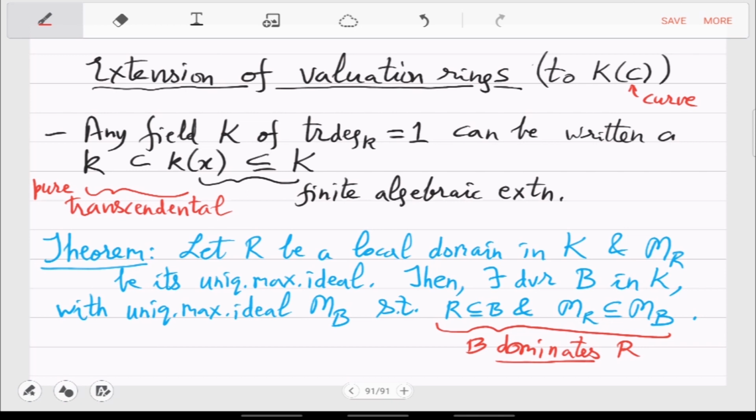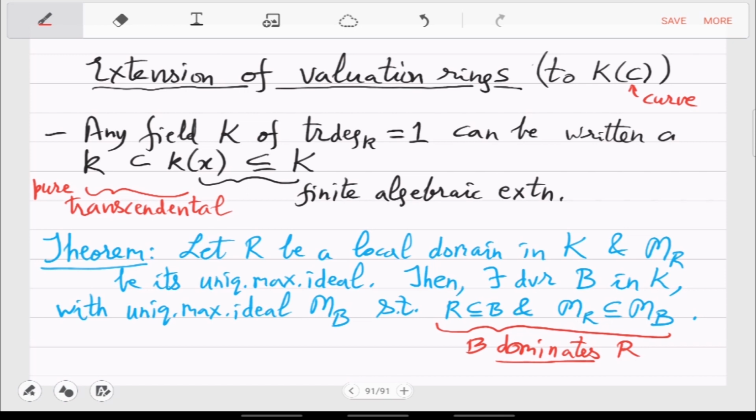You cannot choose it. Whatever R somebody gives you, you can convert it into a bigger local domain which is a DVR. But R is not a DVR, it is just a local domain. Because it was a DVR for k(x), it's not a DVR for big K.